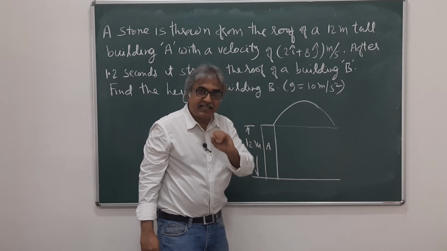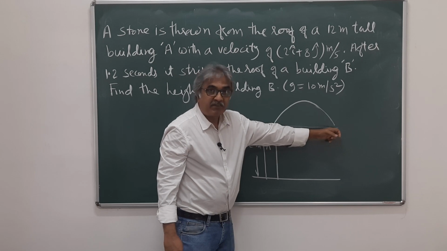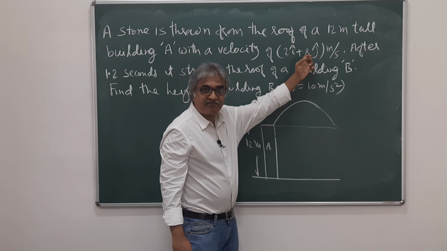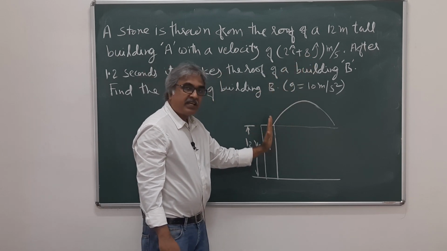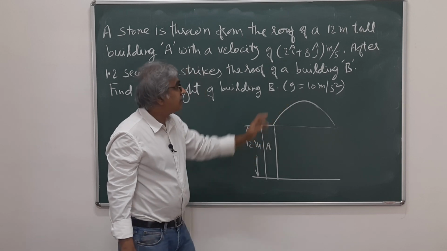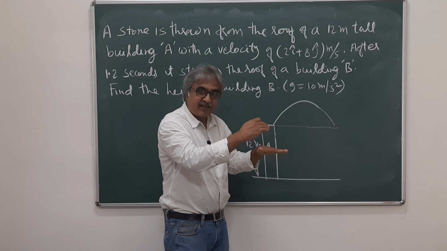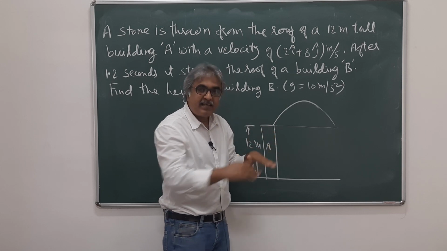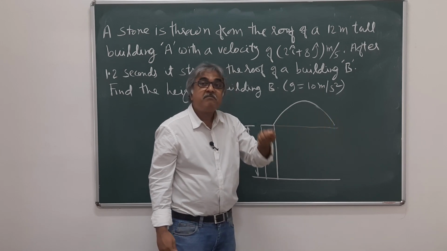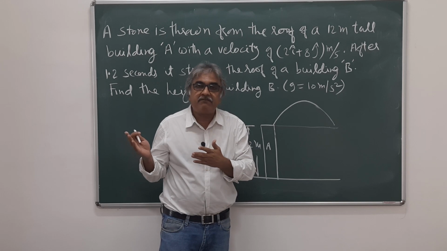In that case, what will be the vertical velocity of this stone which is landing on the building of the same height? It's going to be -8. The stone is thrown with an initial vertical velocity of +8, and if it lands at the same level, the velocity at this point is going to be -8. Ground to ground projectile, you can see my earlier videos.